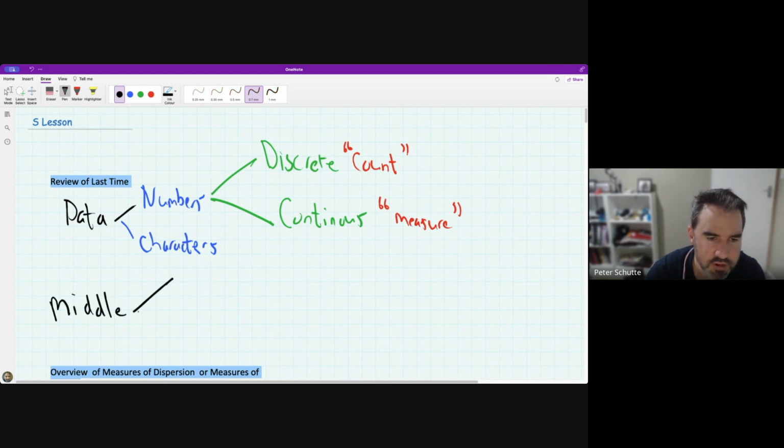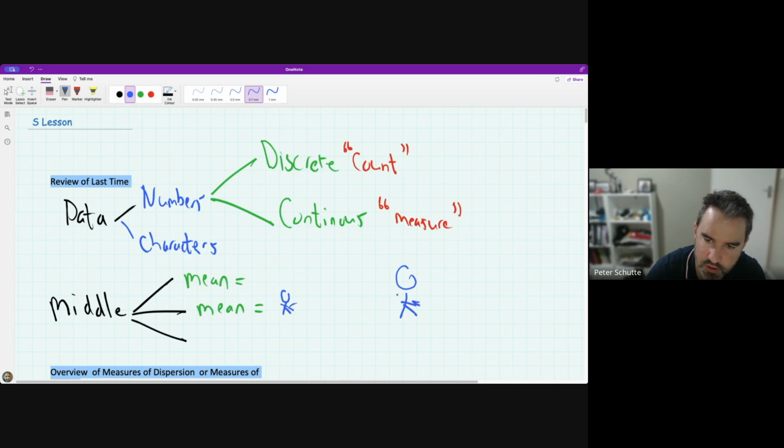And there's three different ways that you can use to find where the middle is. You can use the mean, which is the average, the simple average, add up all the items, divide by the number of items. You can use the median, which is rank the items from smallest to biggest, and then find the item in the middle.